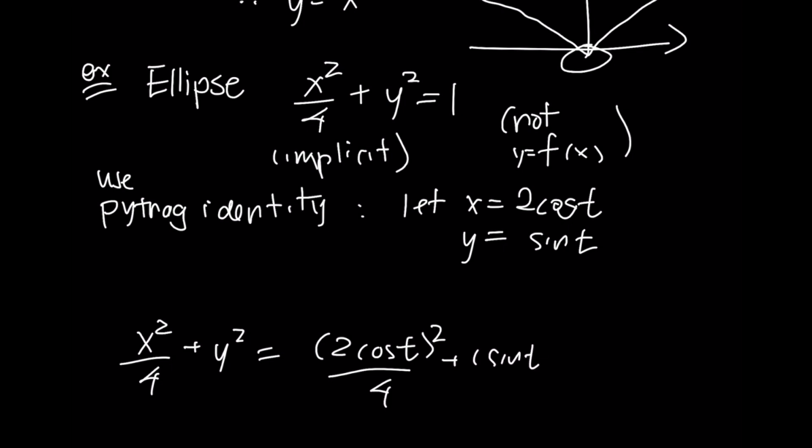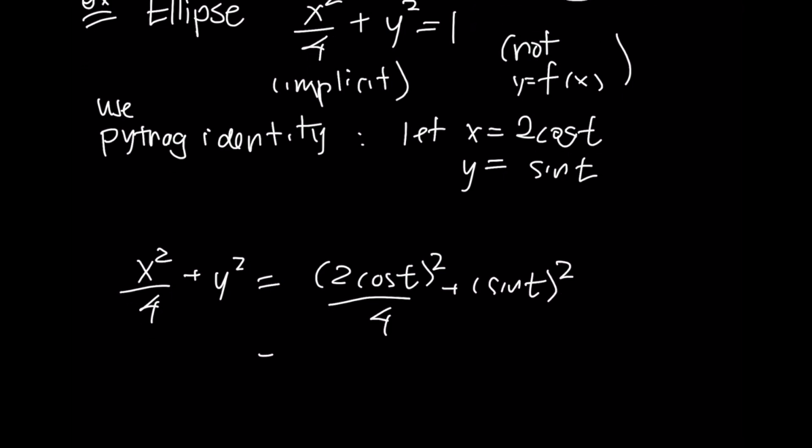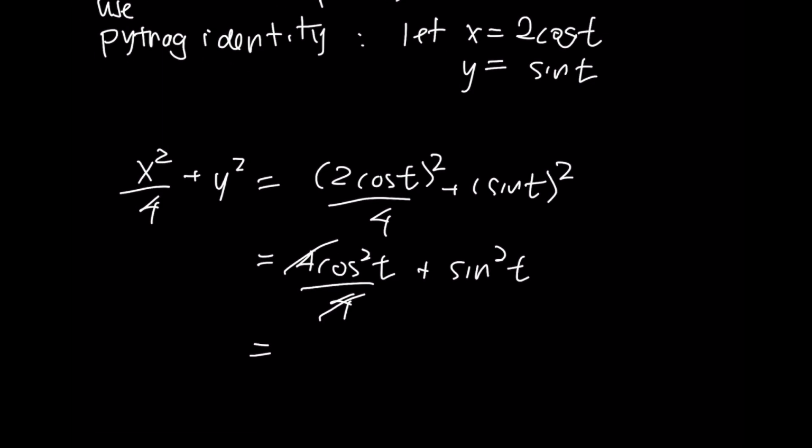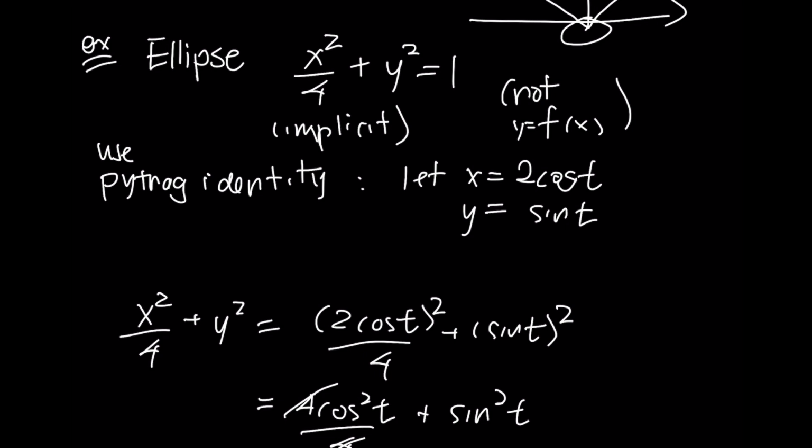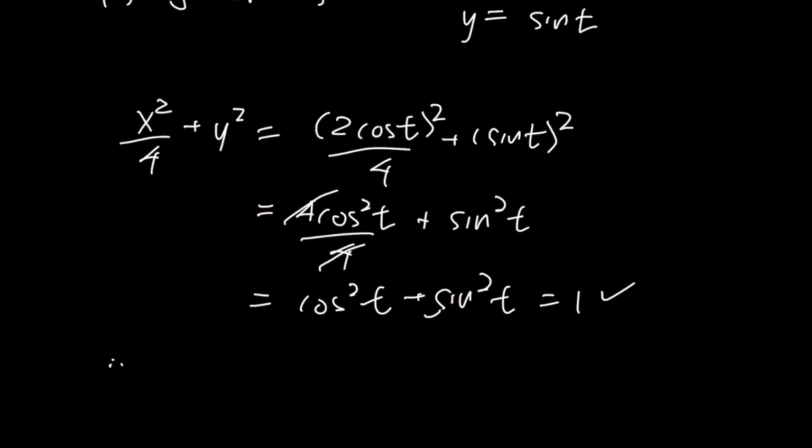That's going to give me 4 cos squared t over 4, plus sine squared t. The 4's will cancel out. I'll have a cos squared of t plus a sine squared of t, and I know that that equals 1. And that satisfies the equation of the ellipse. So that means then a parameterization of this ellipse is 2 cos t and sine t.